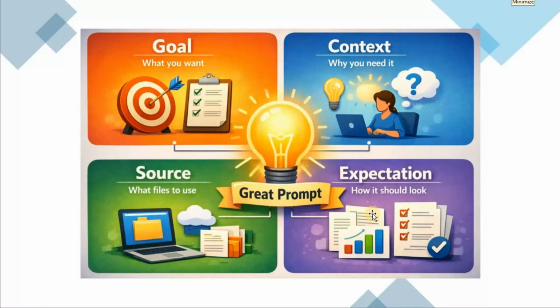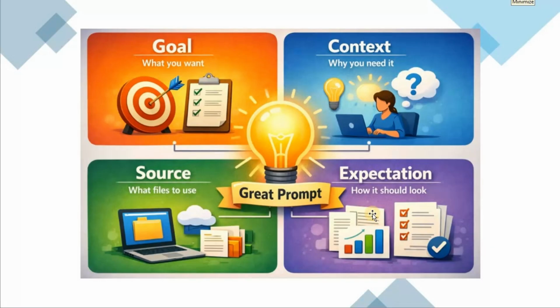For example, instead of saying write an email, you can try a different prompt, like draft a friendly email to my team summarizing the project notes from this particular file, which is the source, in 3 bullet points. If you provide that, then the response that you get from Copilot would be equally great. If you give the prompt as appropriate, then the response that you get from Copilot would be really great.